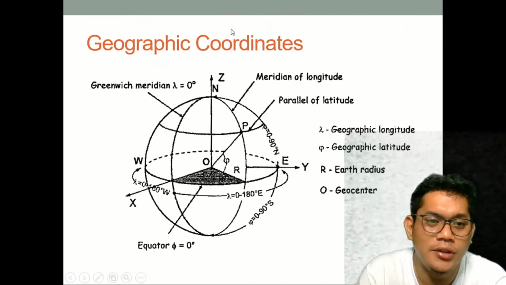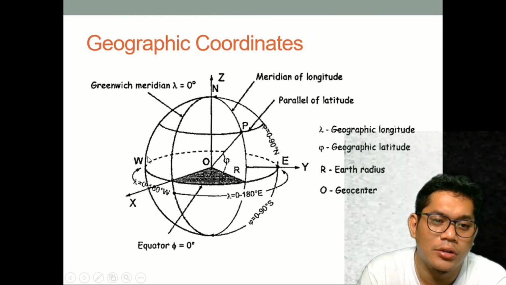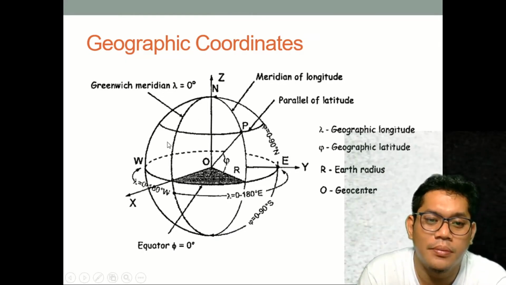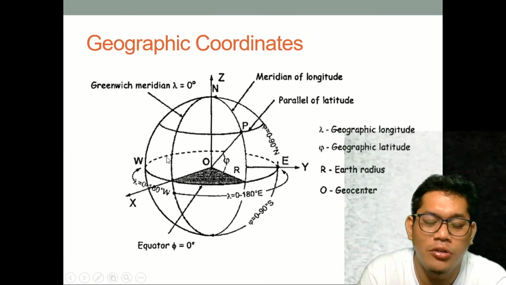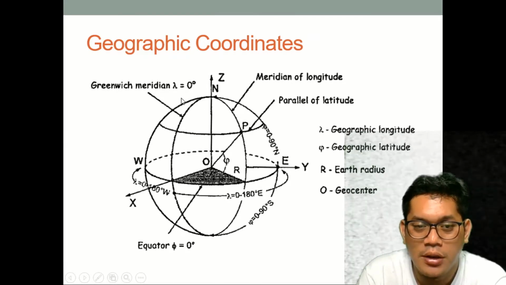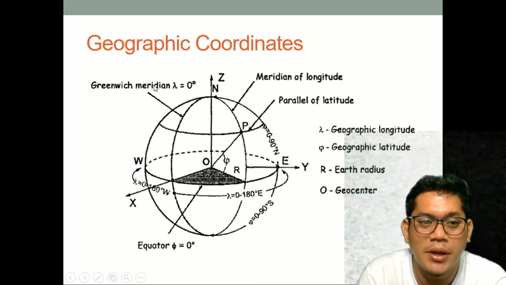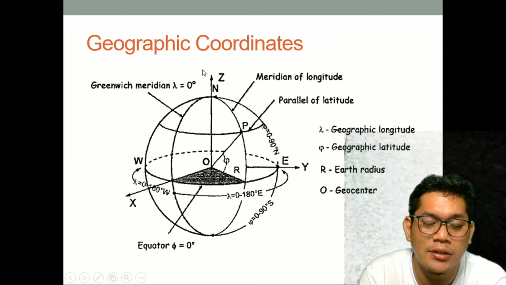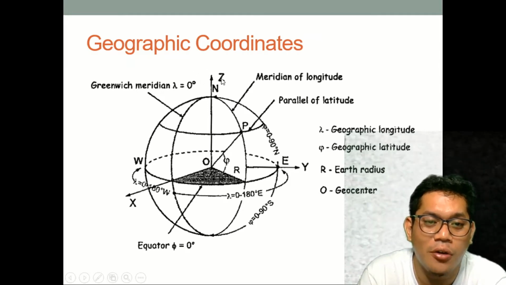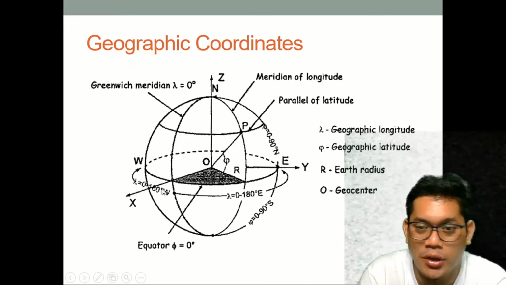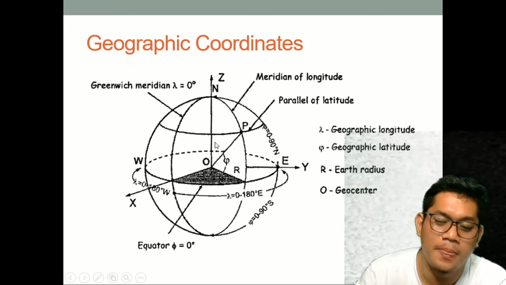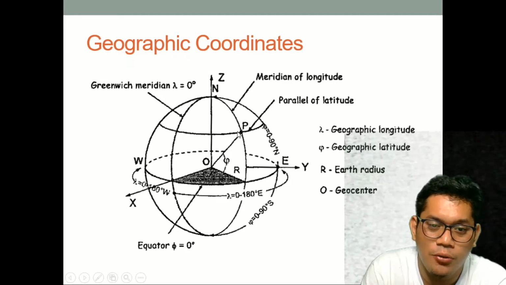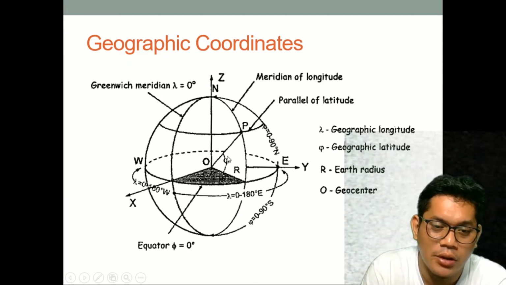For geographic coordinates, the starting point of the measurements for latitude and longitude differs. For longitude it is based on the Greenwich meridian, which is the starting zero degree of the calculations, while for latitude it is the equator.